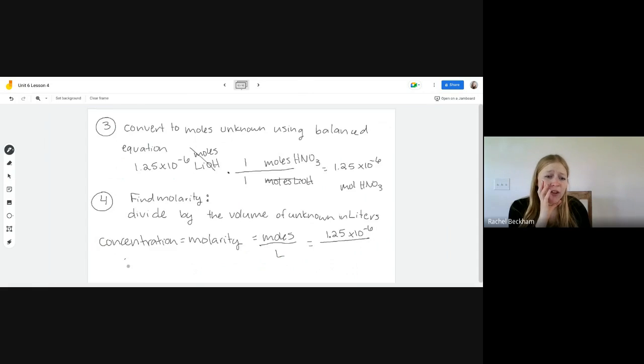So if it's 25 milliliters, I can just divide that by 1,000, because for every 1 liter, there's 1,000 milliliters, right? That cancels out. So 25 divided by 1,000, that's how many liters I have. Okay, so I just need to do 1.25 times 10 to the negative 6 divided by 0.025, and that gives me my concentration, my molarity, which is moles divided by liters.